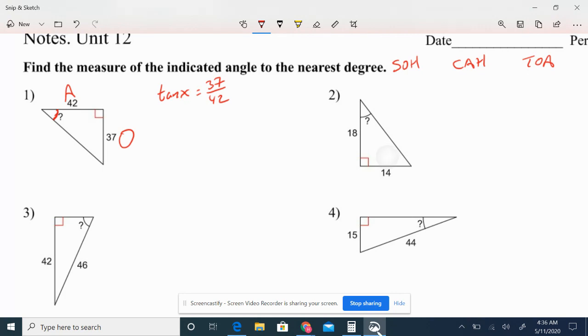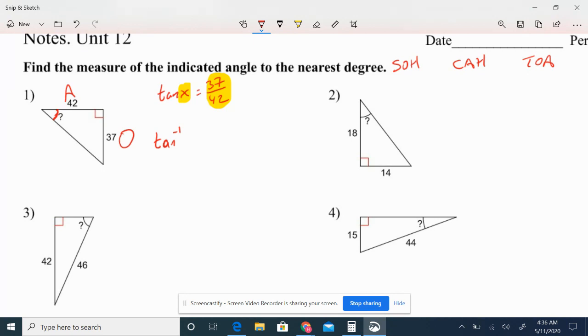Because I'm trying to solve for x, it will be nice if my x and my fraction swap places. If I could just move the x with the fraction, that way I get the x by itself. And in a way I can. The only thing is that instead of calling it tangent, I'm going to call this tangent inverse. It looks like tangent to the negative one, but we call it tangent inverse.